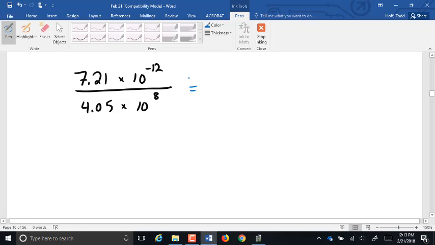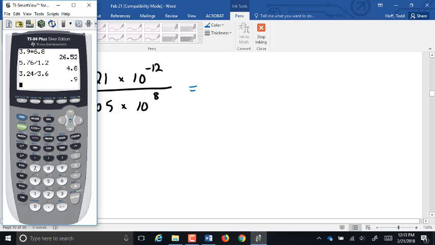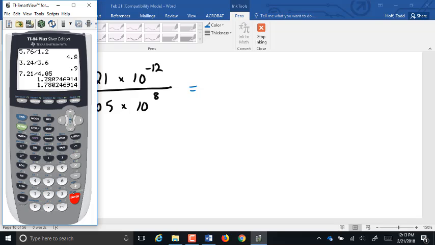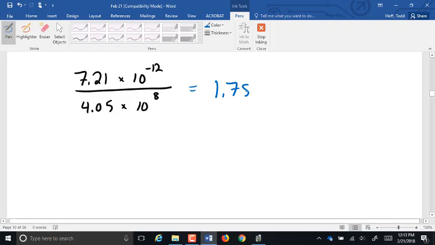So we'll divide the counts. 7.21 divided by 4.05 gives us, we're going to round that to 1.78. 10 to the negative 12th divided by 10 to the 8th. Remember, when we're dividing exponents with the same base, we subtract powers. Negative 12 minus 8 is negative 20.